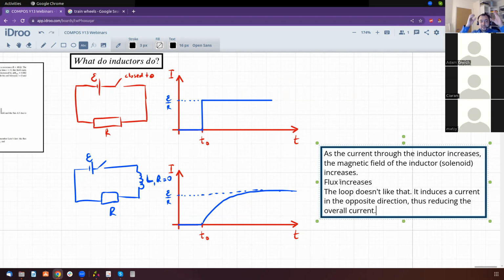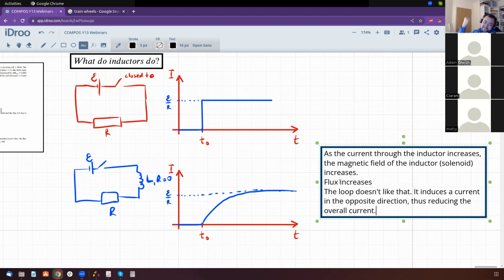So as soon as you flip the switch, the current starts increasing, but the coil doesn't like that. It says no, wait. I don't like change. I really don't like change, and it's pushing back, reducing the current.